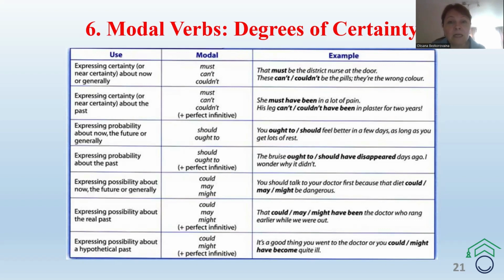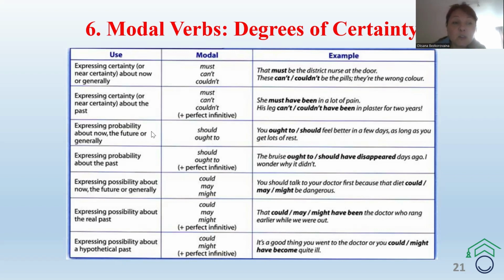For example, that must be the dentist nurse at the door. Це має бути стоматологічна медсестра, бо я, наприклад, її викликала. That must be, I'm 100% certain. Or near certain means nearly certain, 90% certain. This can't be or couldn't be the pills. They are the wrong color, I'm certain.